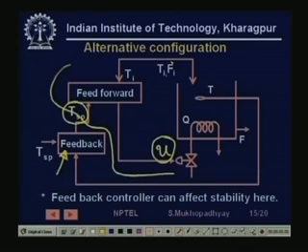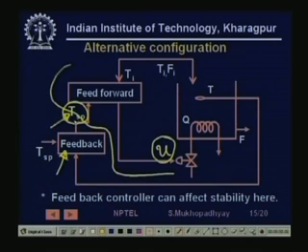If there is a discrepancy, immediately there will be some error, and due to that error the equivalent set point which is being provided to the feed forward controller will be raised. So the feedback controller will continuously, just like an operator, look at the feed forward control performance and gradually change the set point till the temperature is just right.